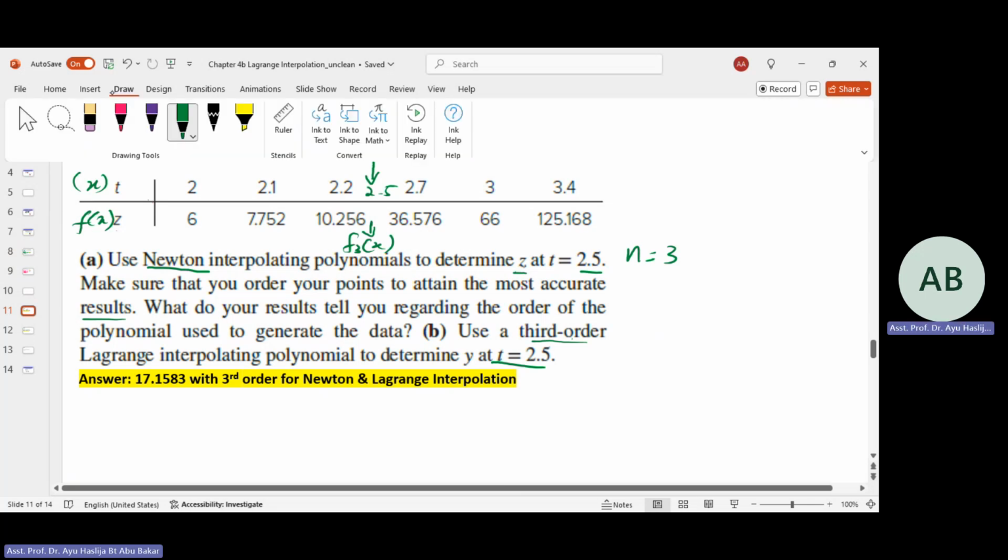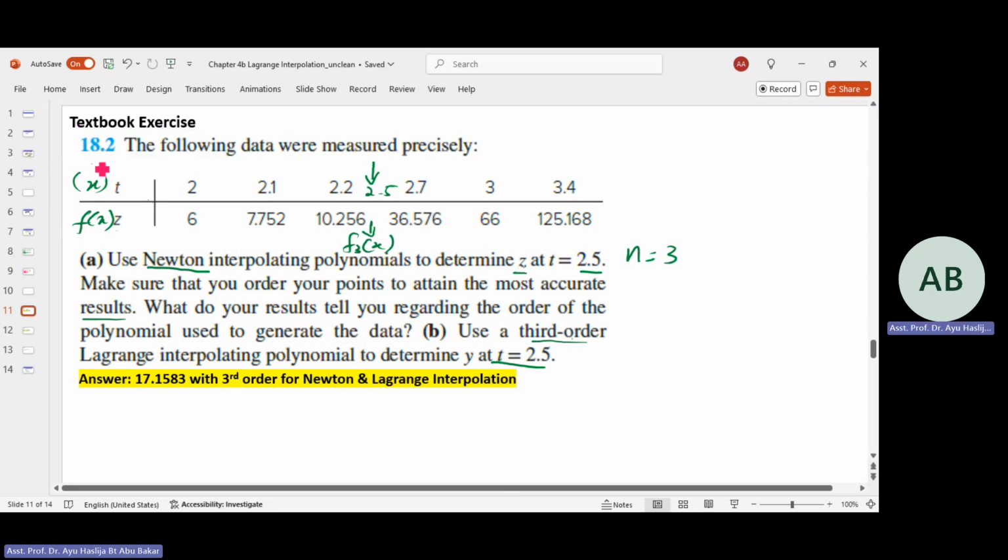Now n equals 3, you should have 4 data points. Now select your data points correctly. You must include 2.2 and 2.7. Four points, so I will advise 2.1 and 3.